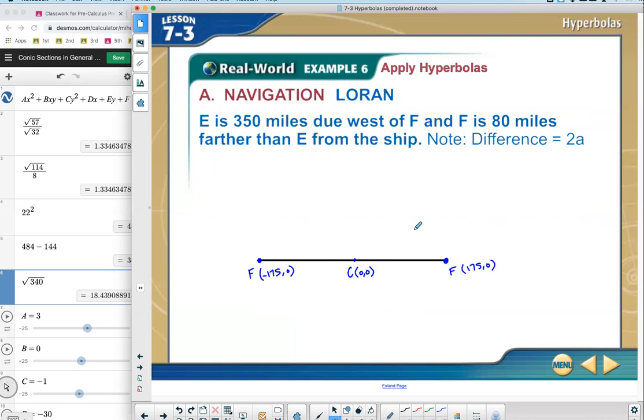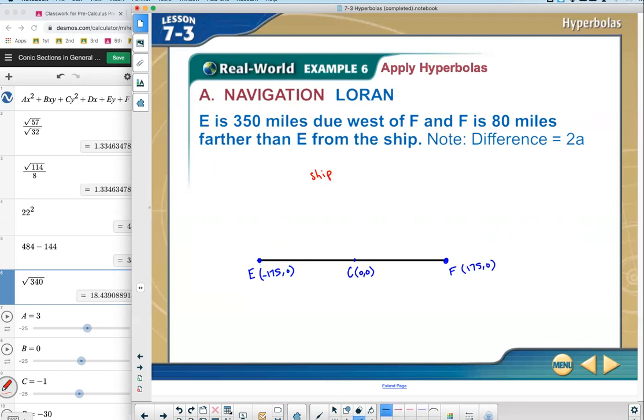Now, somewhere out here, we have a ship, and it says F is 80 miles farther than E from the ship. So I put F twice. This needs to be an E. E is closer to the ship than F. So wherever my ship is, it's not in the center. Let's just say it's there, it's going to be a little bit closer to E than it is to F.